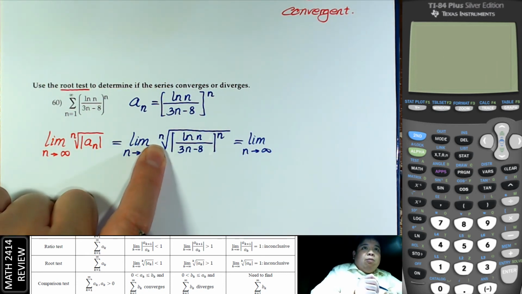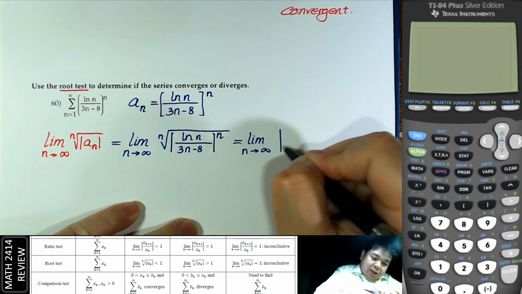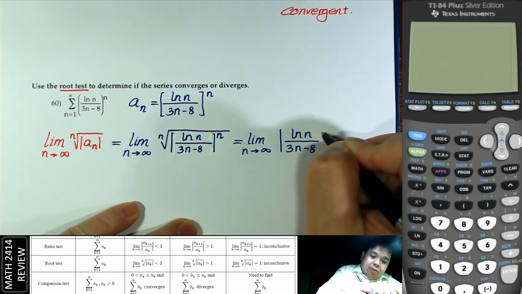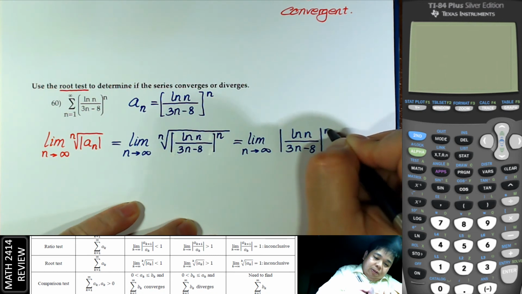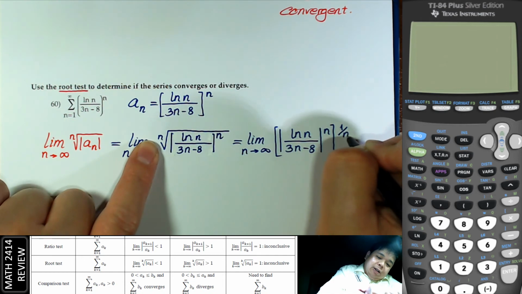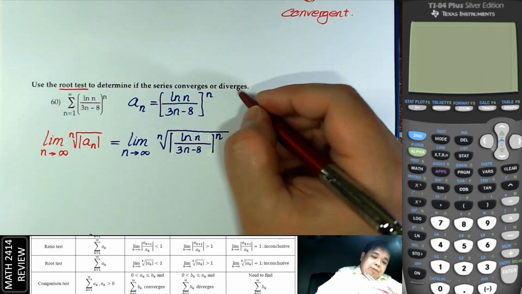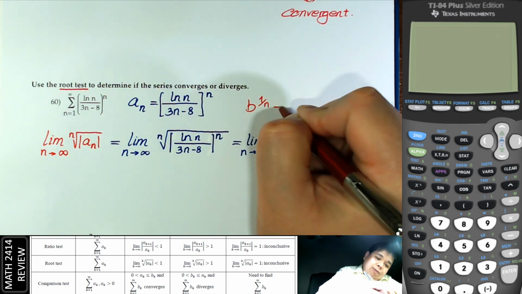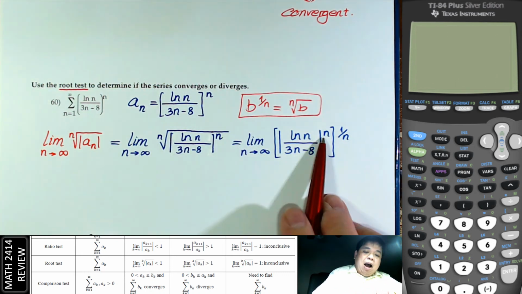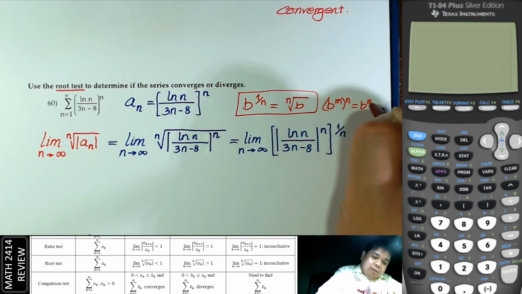Now the power of n here, the root, we can write that as power one over n, right? And now power to another power, multiply them.